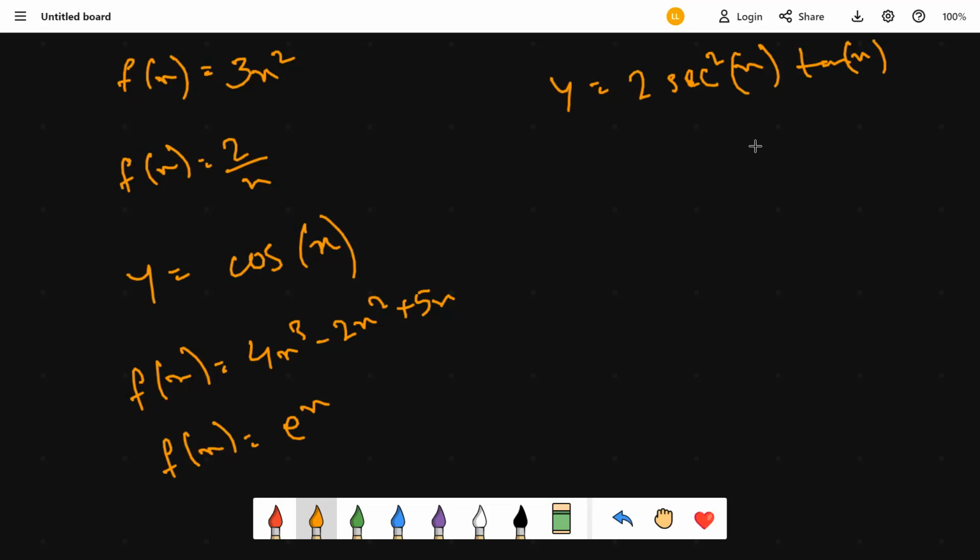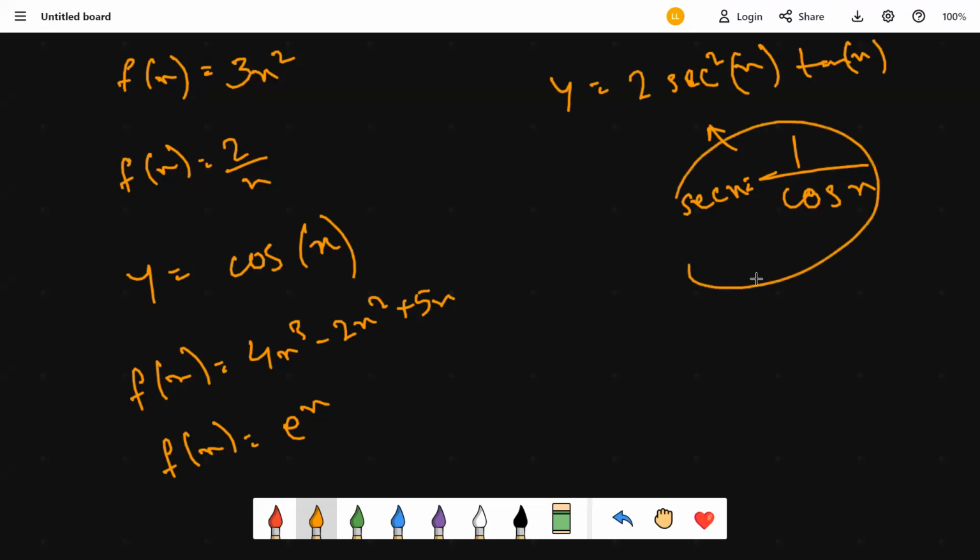Okay, and remember this sec means actually 1 by cos. Sec x means 1 by cos x. This is actually the term. Let me check if that's correct. Yes, 1 by cos x is equal to sec x.